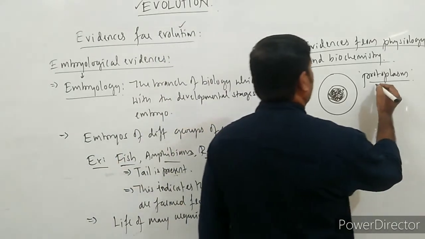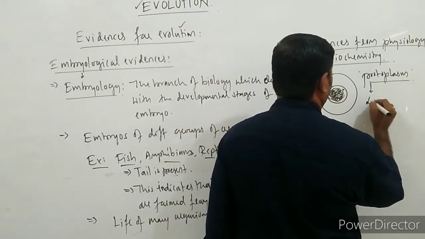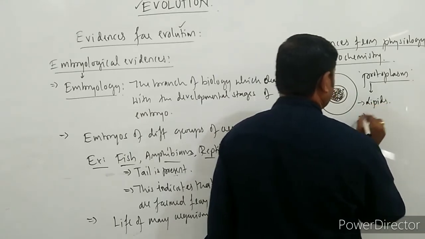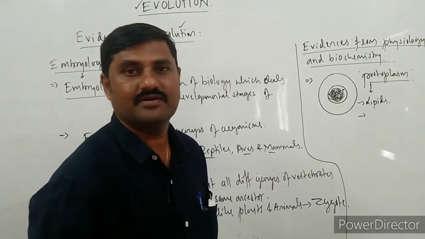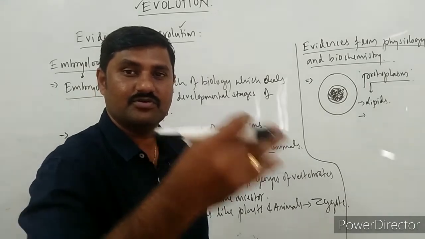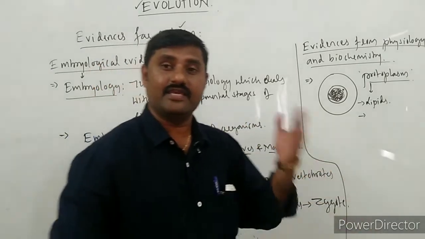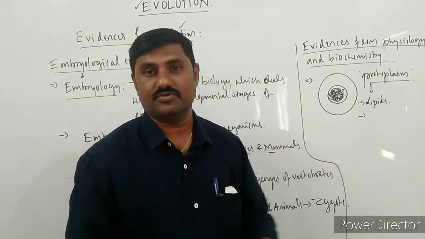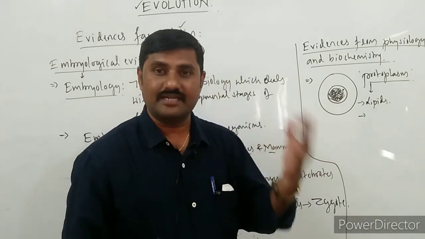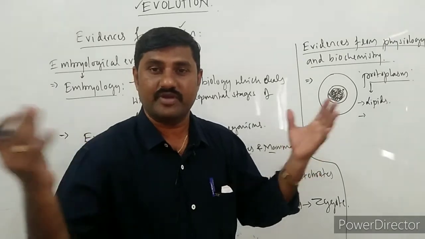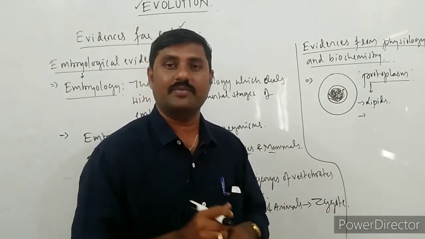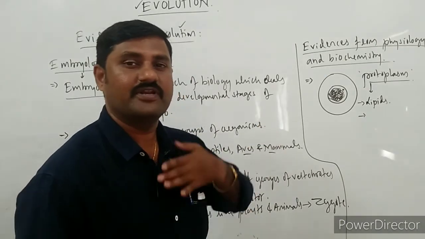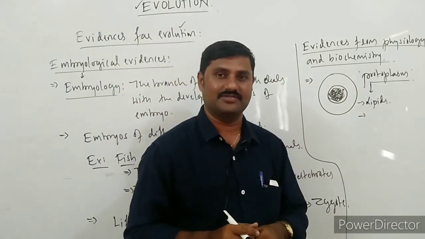This protoplasm mainly consists of lipids in the bilayer, that is the lipid bilayer that makes the membrane in different groups of organisms. Are there any chemical differences in the formation of the membrane in different groups of organisms? No, the same chemicals make up the membrane in different groups of organisms, right?